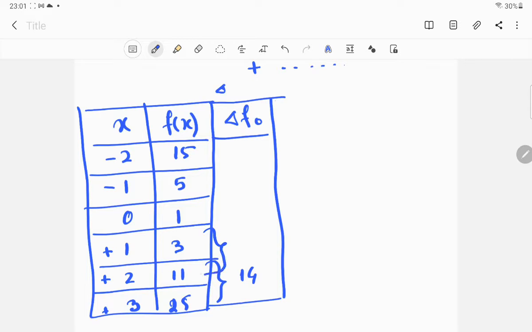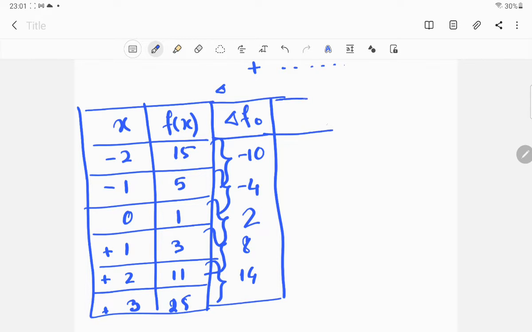Then 11 minus 3 is 8. Then 3 minus 1 is 2. Then 1 minus 5 is -4. And then 5 minus 15 is equal to -10.